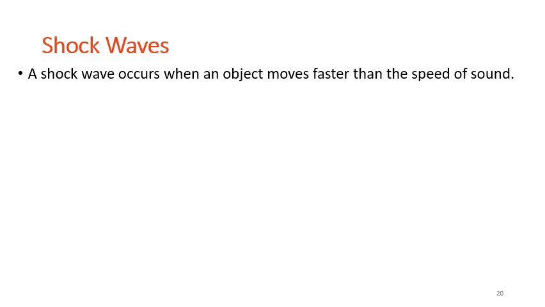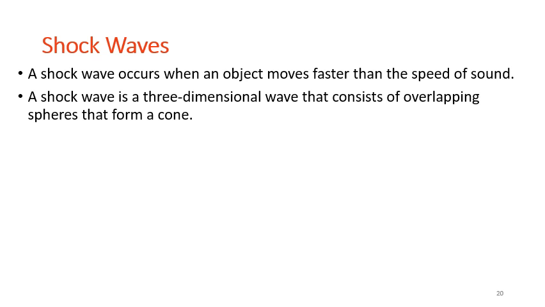Now we're going to talk about shock waves. Shock waves occur when an object is moving faster than the speed of sound. Actually, it's a three-dimensional effect of the bow wave. In the bow wave, we considered circles which are overlapping and making a V shape. But in this case, when it's three-dimensional, sound spreads out everywhere, in three dimensions.